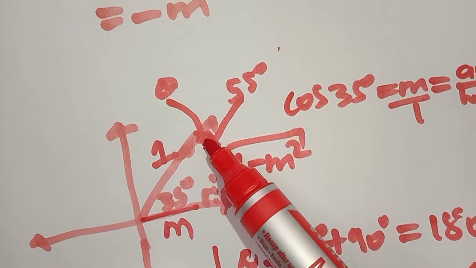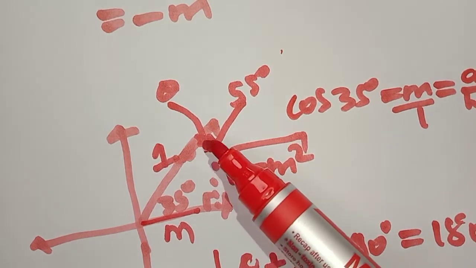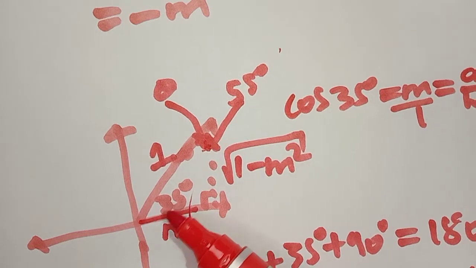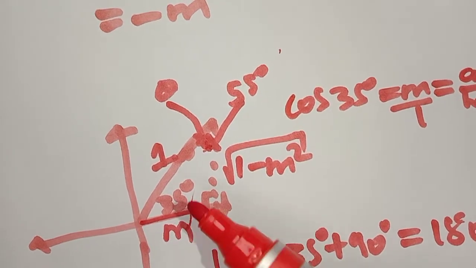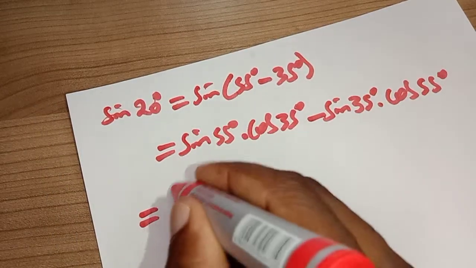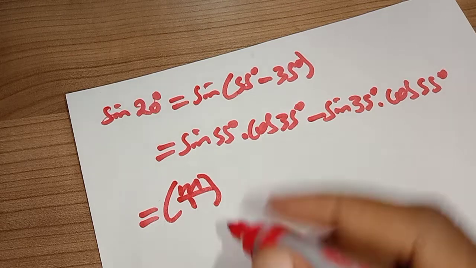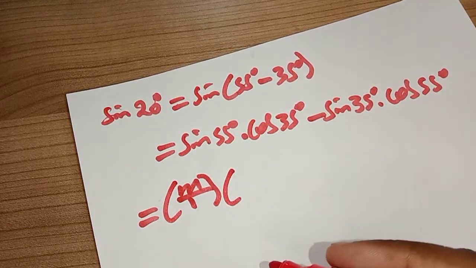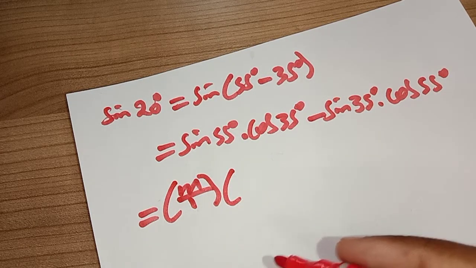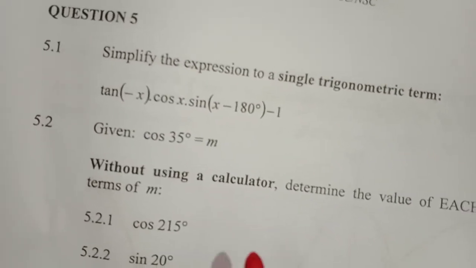Sine by definition is opposite over hypotenuse. The opposite of 55, you must travel a distance, then it means it is the m. The hypotenuse is 1, and then here we are going to have m over 1 for sine 55. For cos 35, we are told that it is m.